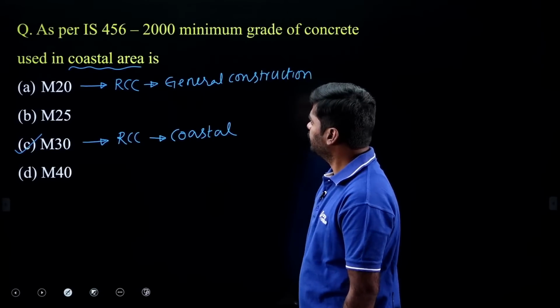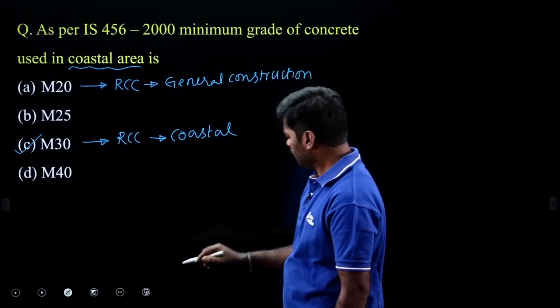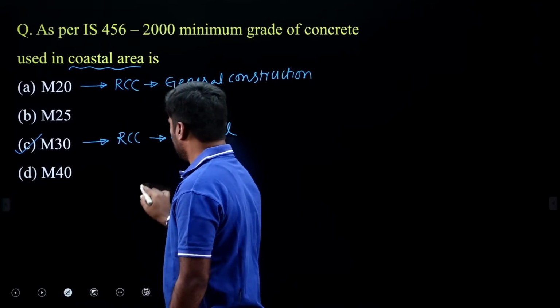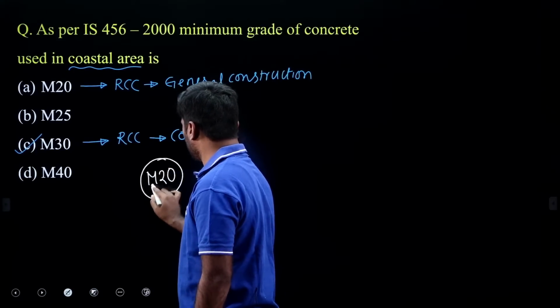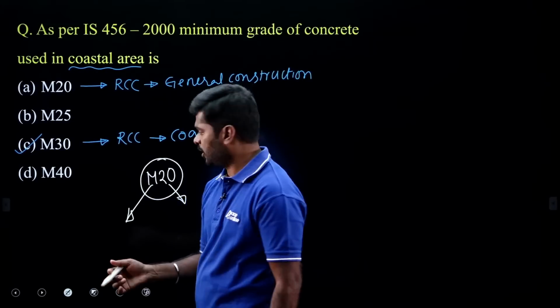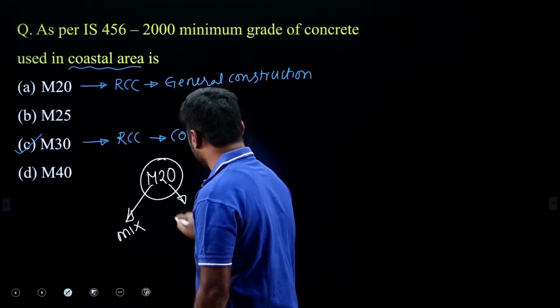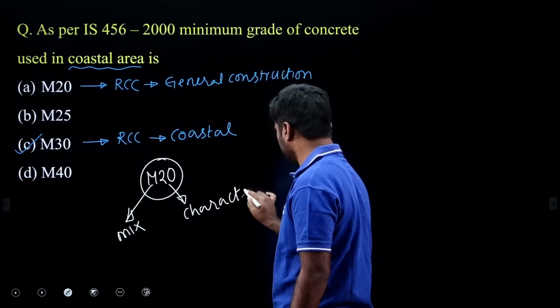Then next one, let me tell you one thing here. Maybe you will expect one more question from this. In M20 grade concrete, what is M and what is 20? Maybe we will expect the question, where M refers to mix and the number refers to characteristic strength.